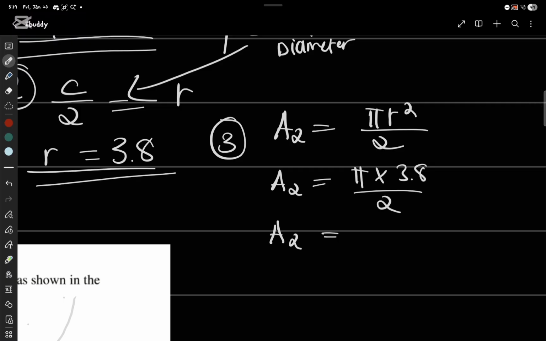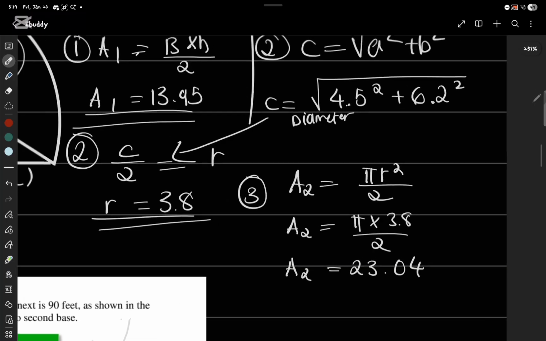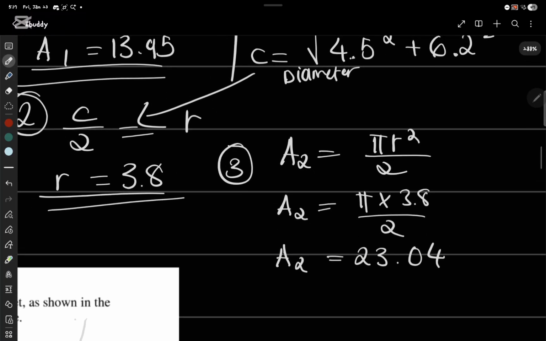So pi times r squared divided by 2. That will give us 23.04. Again, this will be stored as your answer key if you have a Casio calculator.